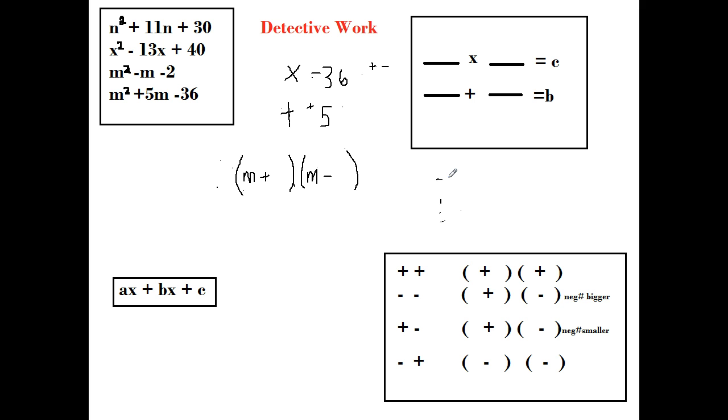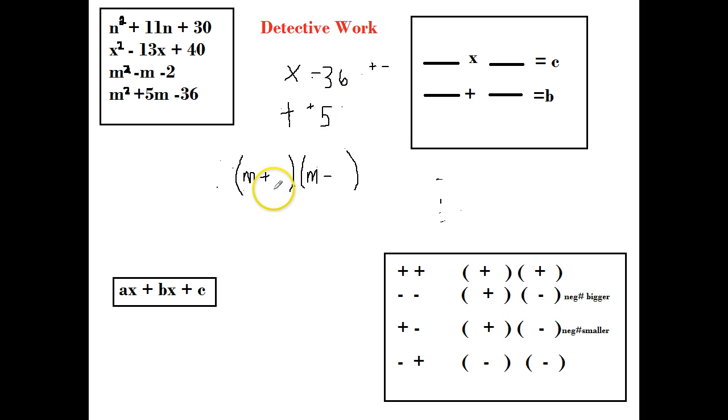So I'm not looking for two numbers that together without the signs give me 36. Only with the signs they give me 36. Let me give you a specific example. So what I'm looking for are two numbers that multiply to 36 that are 5 apart.